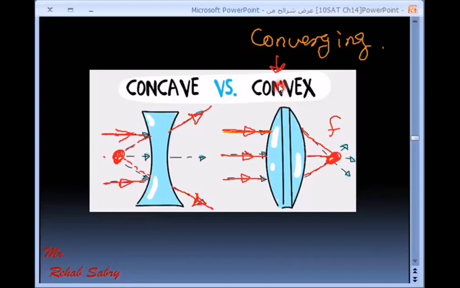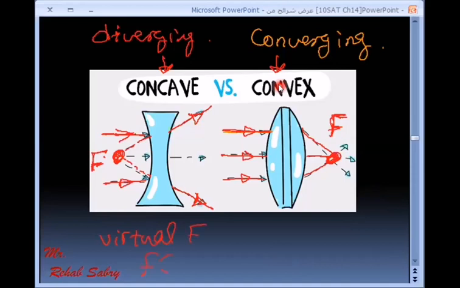This is the focus, capital F, because small f stands for the focal distance. So the concave lens, which is a diverging lens, has a virtual focus. Its focal distance will be negative.